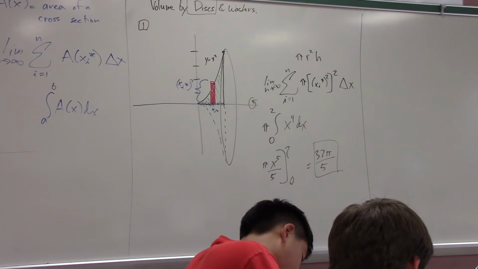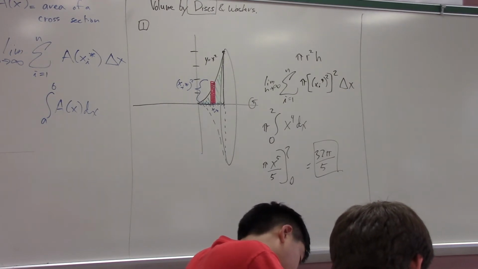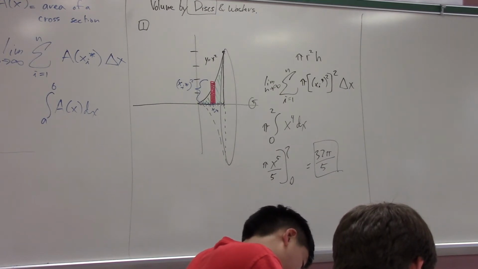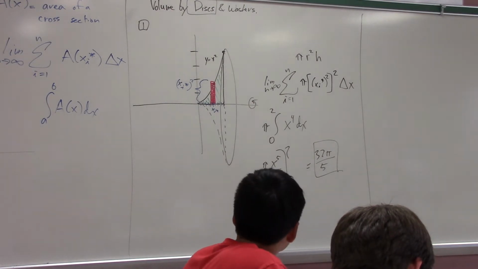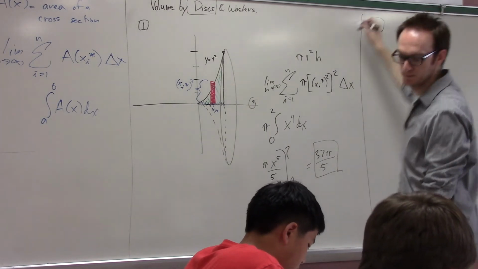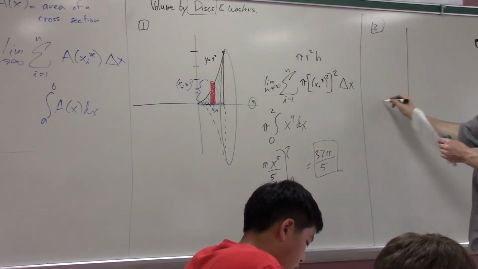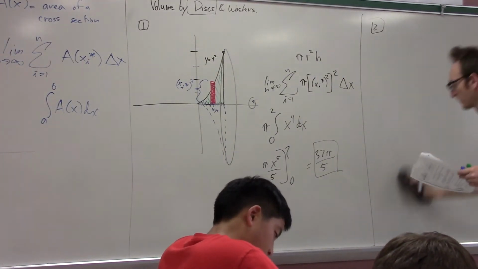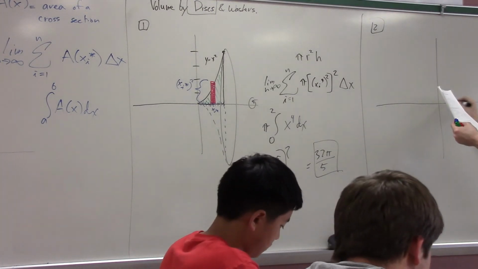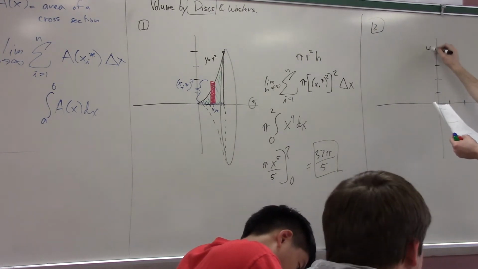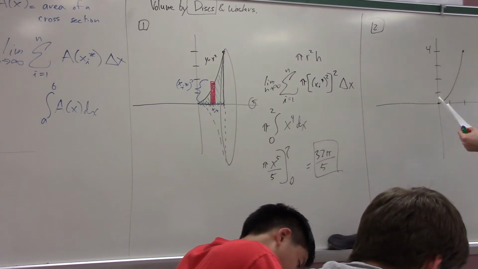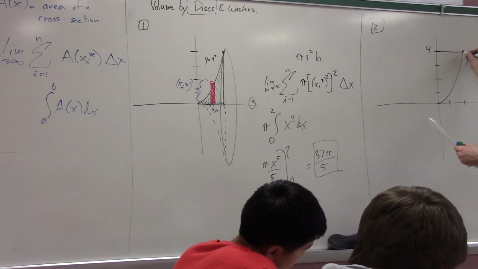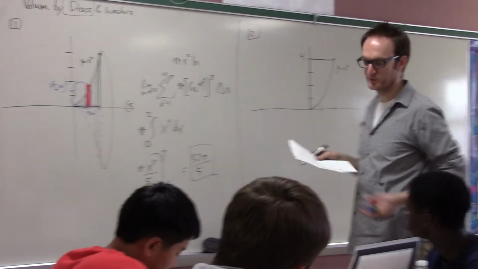Big picture. So now the region under discussion is the region enclosed by x equals 0, y equals 4, and y equals x squared.